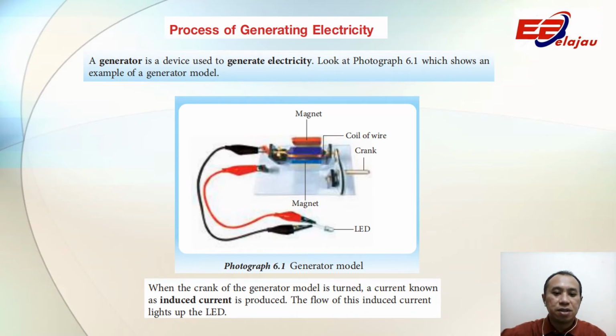Photograph 6.1 shows a simple generator model, which consists of a magnet, coil of wire, crank, and LED. This LED is connected with connecting wire to the magnet. When the crank of the generator model is turned, a current known as induced current is produced. The flow of this induced current will light up the LED.